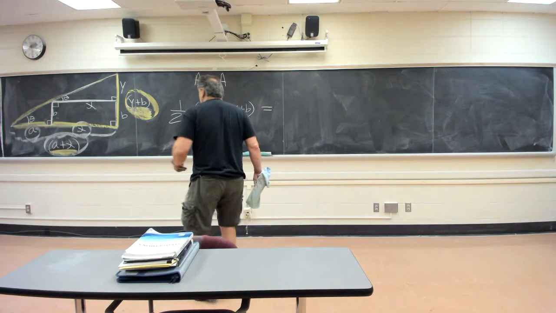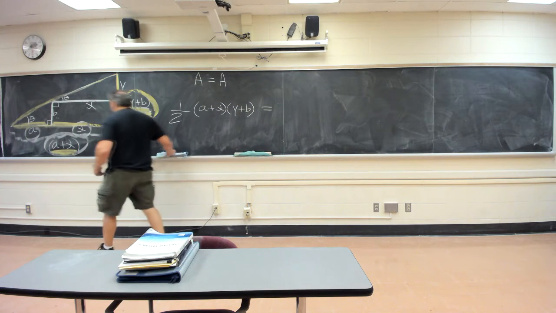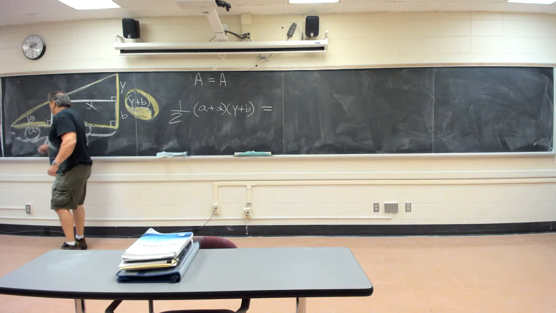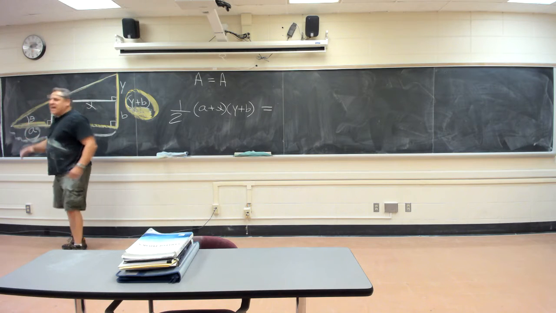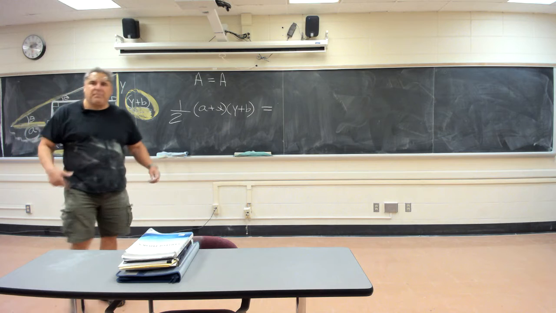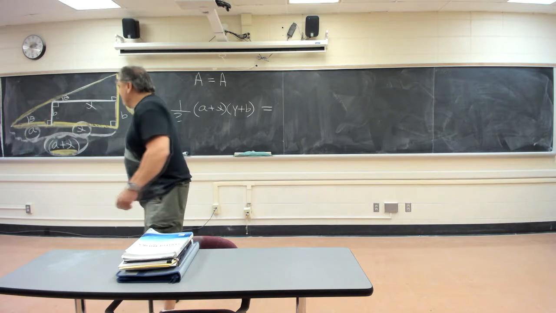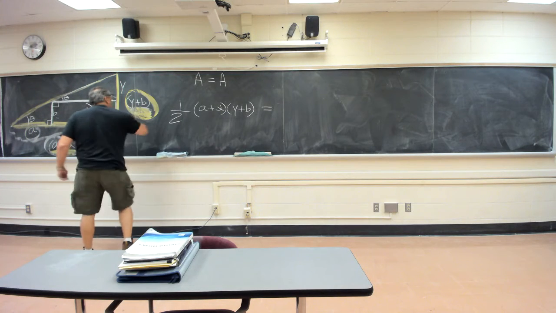Now let's get the separate triangles together and figure out what's going on here. I'm just going to add all the pieces that make up the big triangle. I found the area of the big triangle.